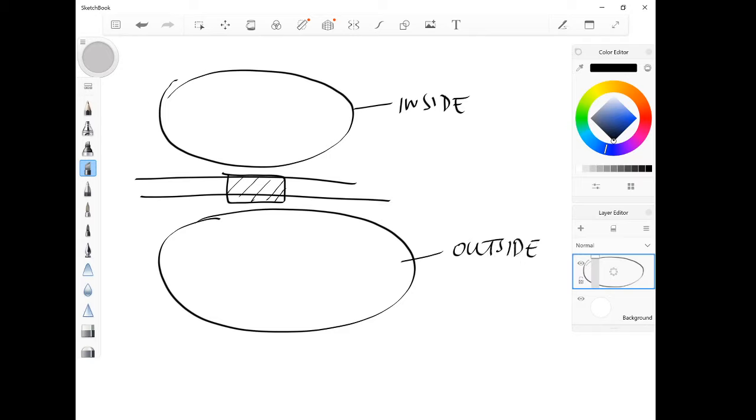And so what happens is you've got some carrier that can pass through both ways, and you've got some sort of cargo on the inside or the outside.